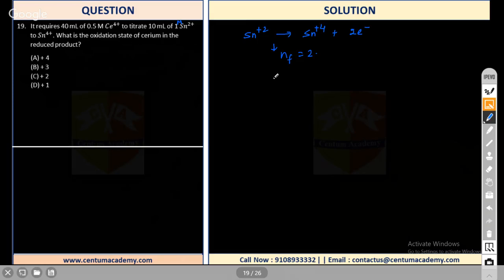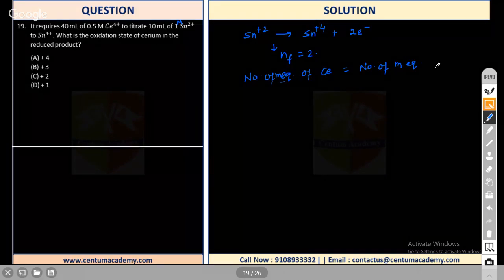So what we can write is that the number of equivalents of cerium is equal to the number of, since we have milliliters, I'll write the number of milliequivalents of Sn. So the number of milliequivalents of cerium is the number of moles into N factor.